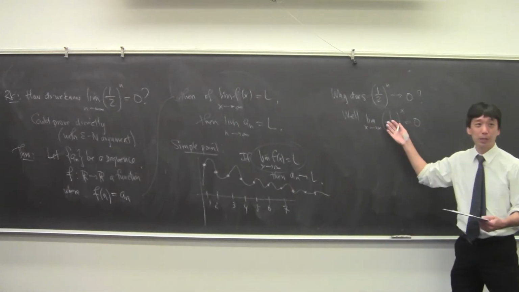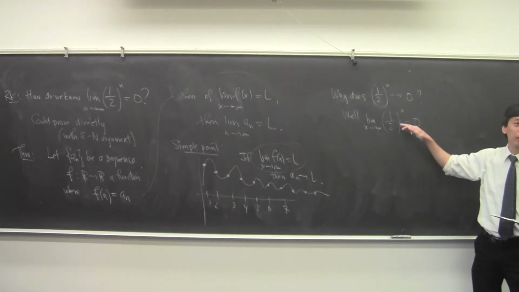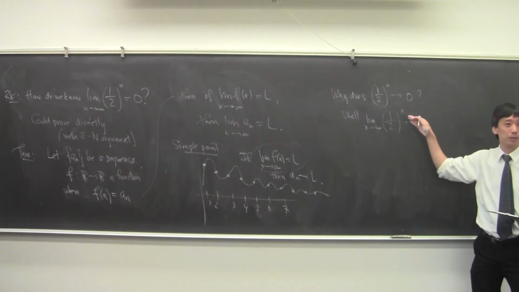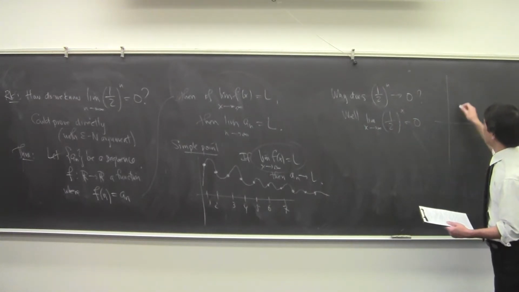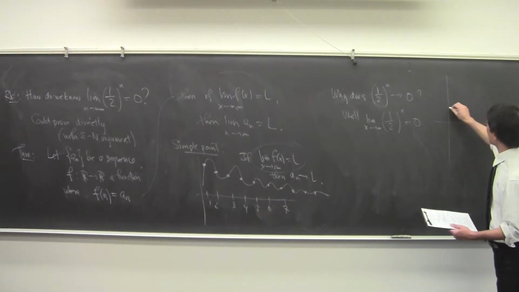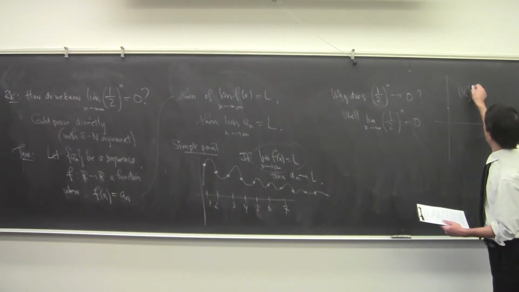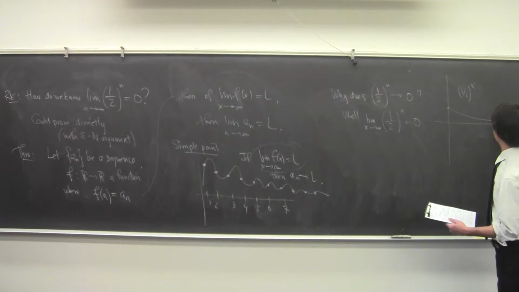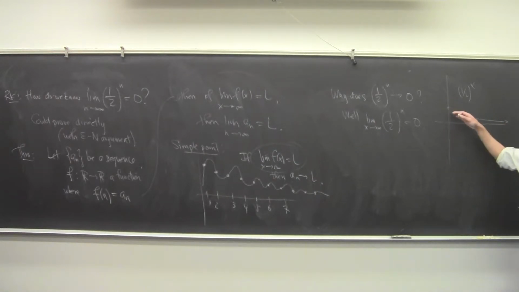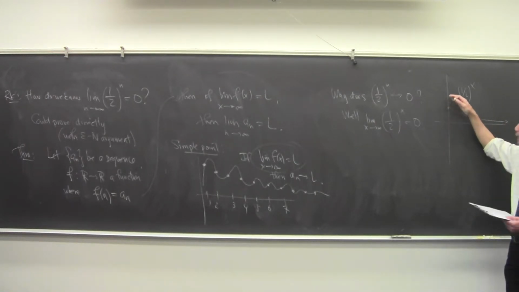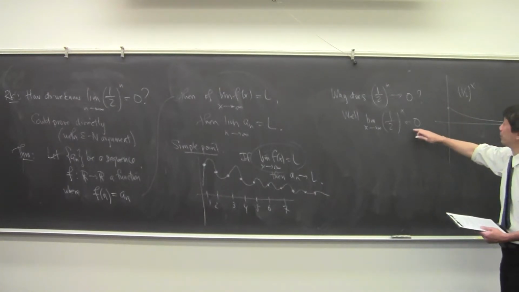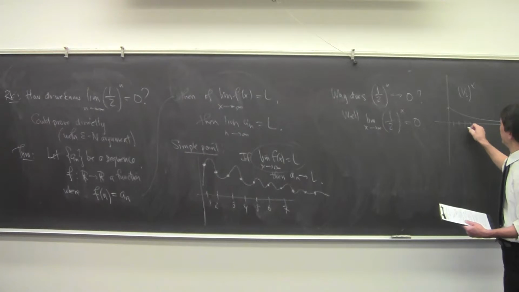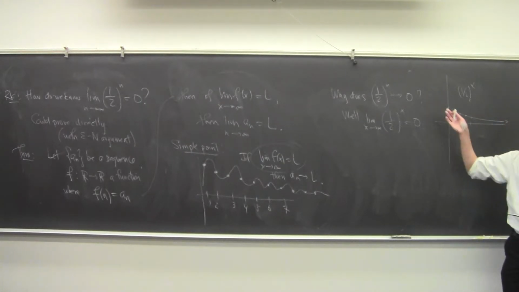This function agrees with that sequence at the n's. It's an exponential decay function. So since that goes to 0, certainly the sequence 1/2 to the n goes to 0.